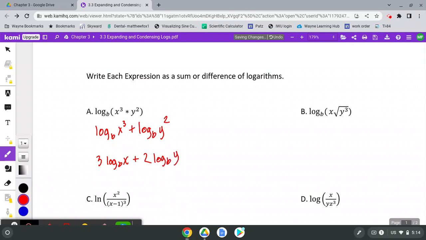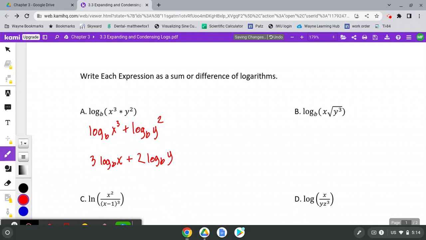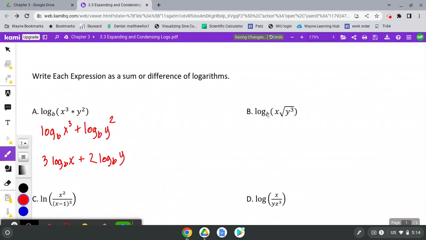Now, on our second example, it'll be the same idea here, except before we begin, let's think about this right here. That can be rewritten as y to 3 halves, or y raised to 3 over 2. It's the square root, which is the same as 1/2, and it's y to the third. So now we could rewrite this.